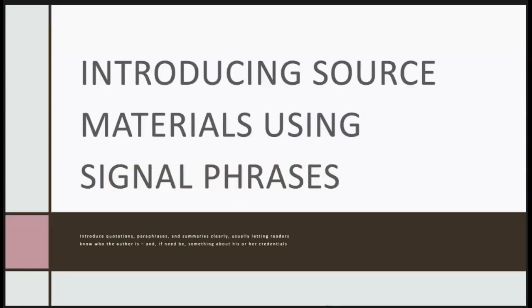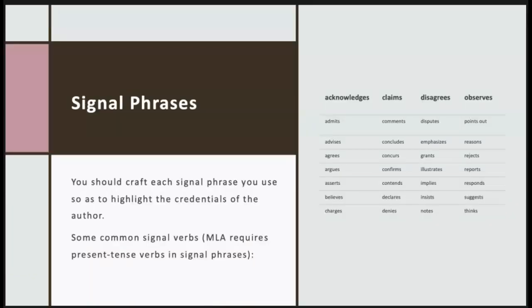So when you're introducing source material into your paper, a lot of times you're using signal phrases. You want to introduce those quotations, paraphrases, and summaries clearly, usually letting your reader know who the author is and, if need be, something about his or her credentials. You should craft each signal phrase you use so as to highlight the credentials of the author. Some common signal verbs: MLA requires present tense verbs in signal phrases.